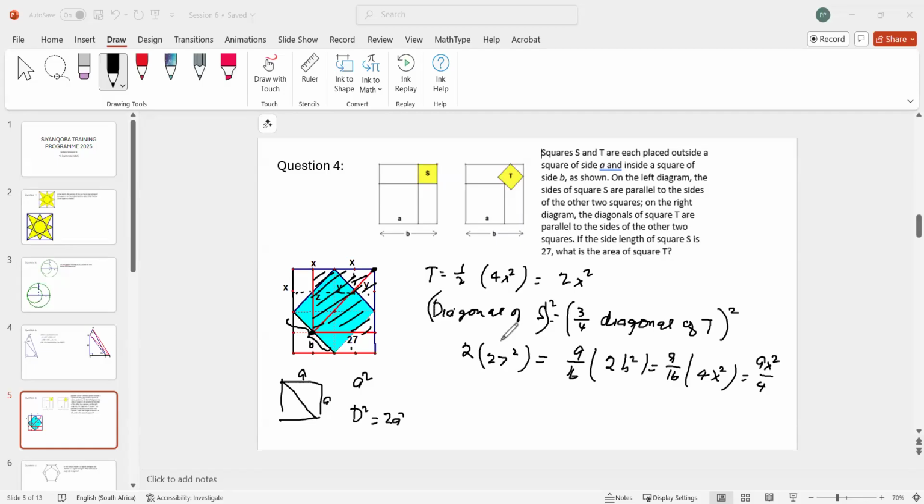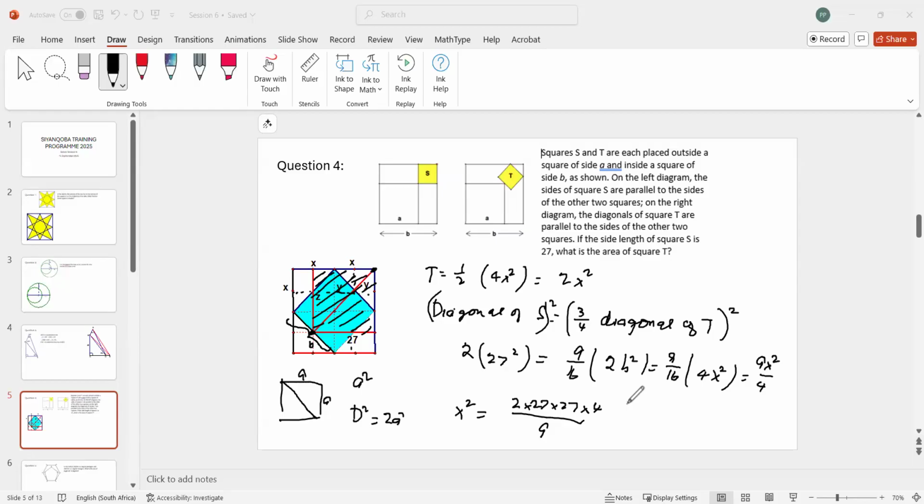Okay, so from there you'll be able to work out what t is, because the area of t is twice x squared. So x squared, it's 2 times 27 squared, times 4, divided by 9.